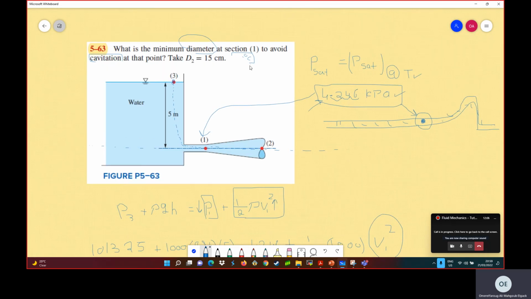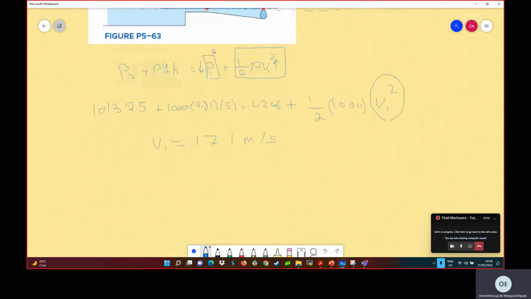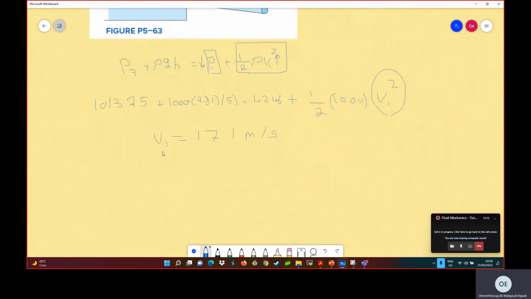Okay, now I found the velocity at point 1, but he wants the diameter at point 1. So how can I go from a velocity to a diameter? What's the link between them? The only link between them is the flow rate Q, or V dot. Therefore, if I know Q or V dot, I can move from the velocity to the diameter, or vice versa.